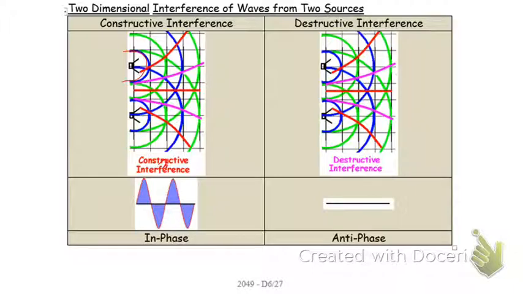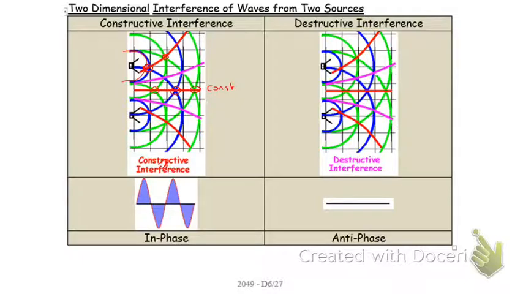Okay. So if we look at this, in this middle bit here, I got a trough arrives with a trough, and a crest arrives with a crest, and a trough arrives with a trough. Anywhere on that line, I have that situation. And so that would be constructive. Now, over here, I have a crest arrives with a crest, and a trough arrives with a trough.